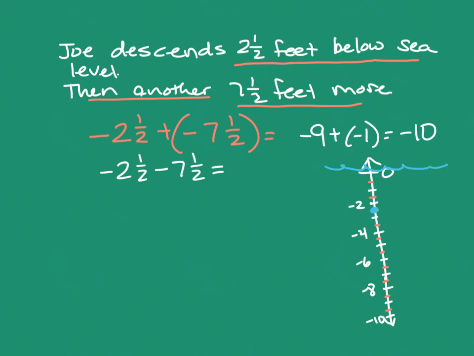So we're going to go from there. 1 full from half mark to half mark, 2 full because I've started at a half mark, 3, 4, 5, 6, 7, and now do that 1/2 bit right there for the -7.5, and there is my answer right there at the -10. So there it is on the number line as well.